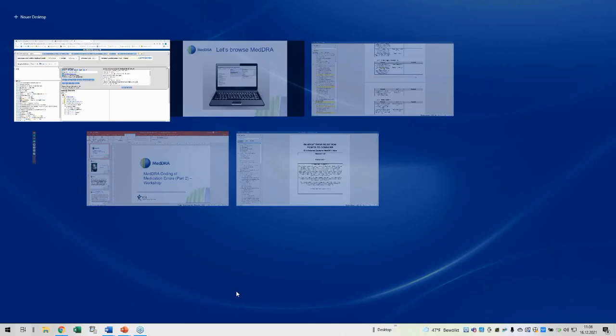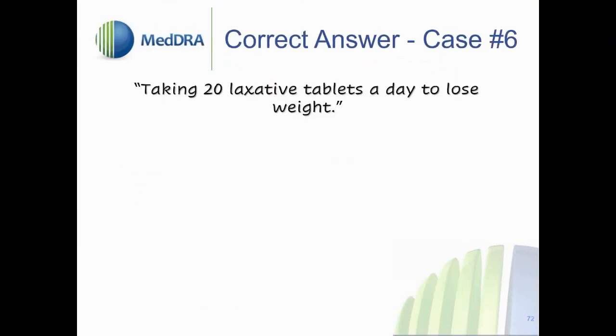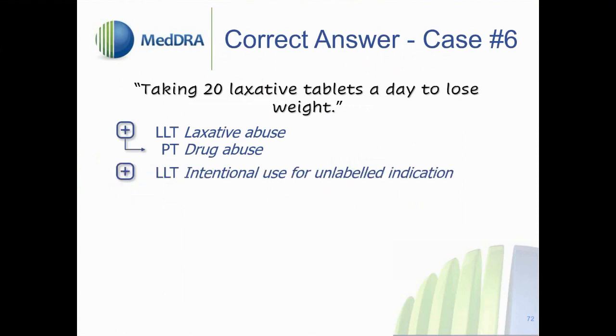Let me switch back so that we can see the final proposals. We would go to laxative abuse, a very specific term that can be selected here for the specific drug that is abused, under PT drug abuse.